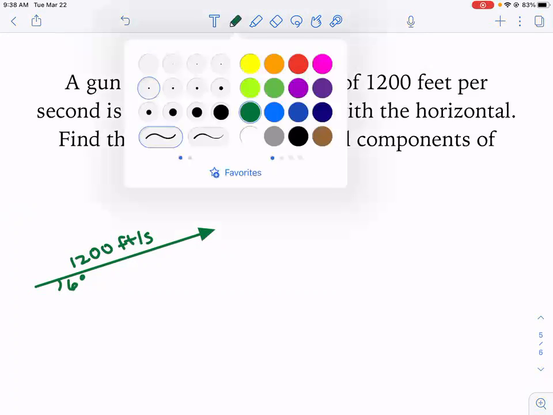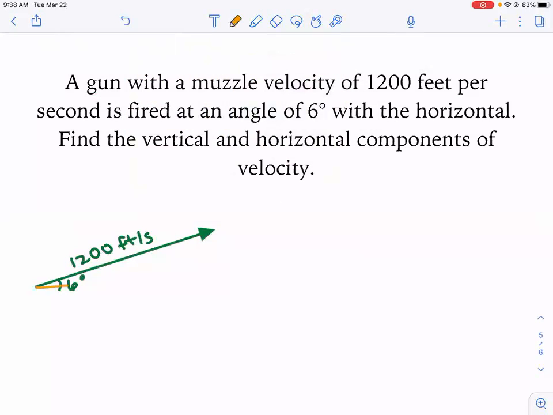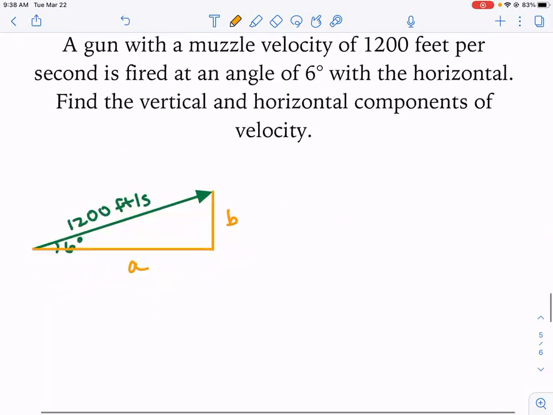I want to know what the horizontal and vertical components are for this vector. So, I mean, this is just what we've been doing, right?